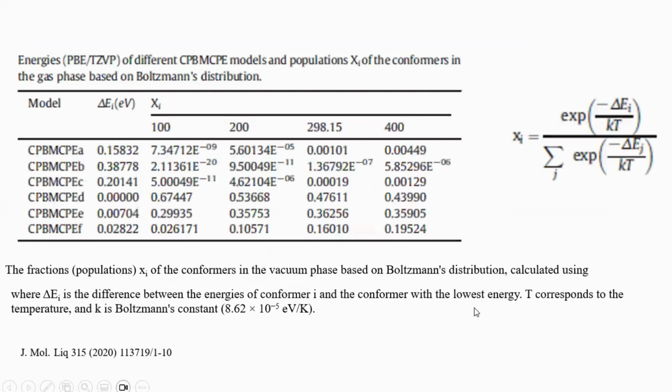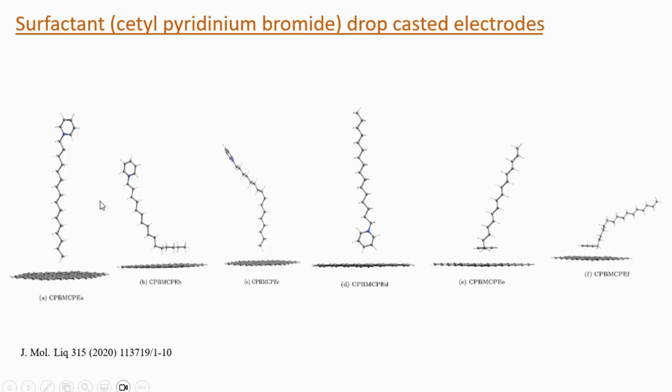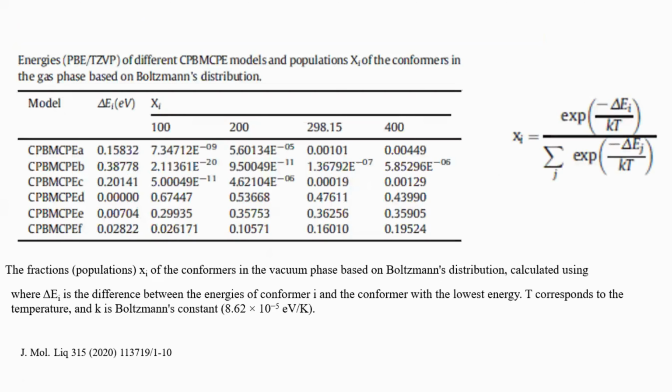And this time we have also used the Boltzmann models, to know the effect of the temperature. Here we can see D and E have the lowest energy, right? That means when we perform the experiments, the surfactant may react in this way. Maybe at this type of orientation, the pi interaction may be present.